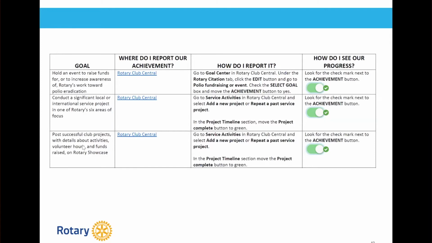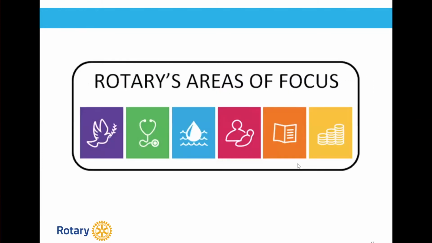Now, all of these have to, back in Rotary, like we talked about with that first one, there's a little slider that you have to move to achieved. But before that, there's actually some links that can be filled out. And first of all, we'll move to that conduct a project in one of Rotary's 6 areas of focus.